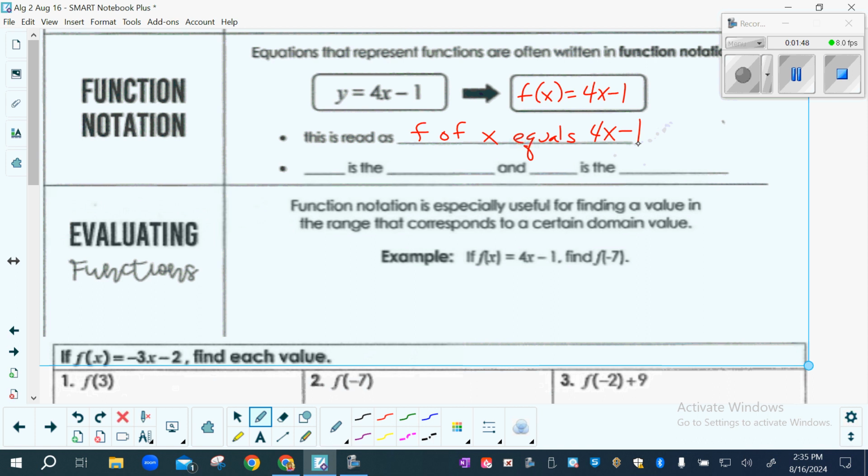Do you remember seeing that before? You may not remember what it was, but at least remember seeing it. So f of x is the function notation, and 4x minus 1 is the expression.